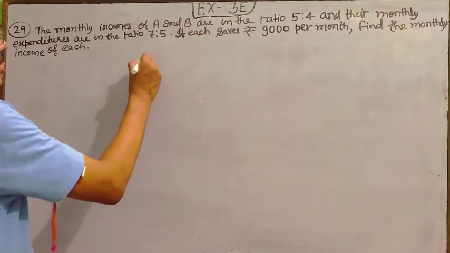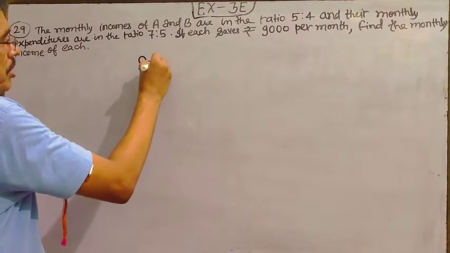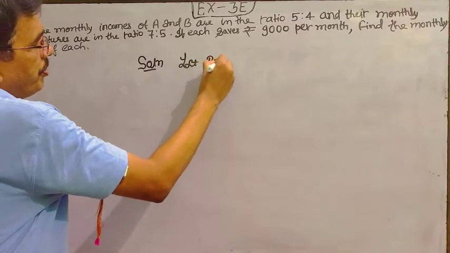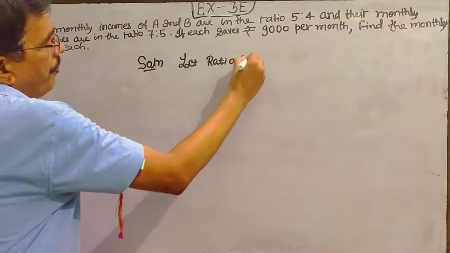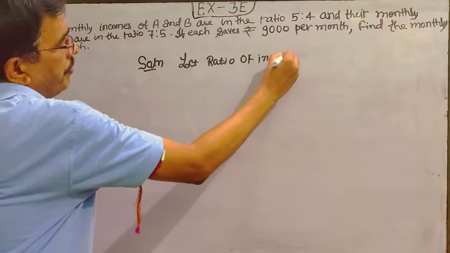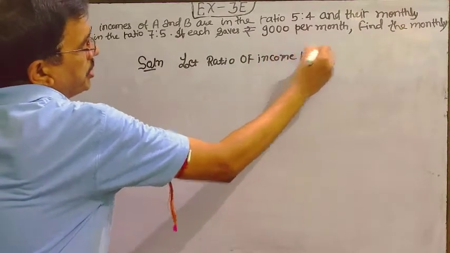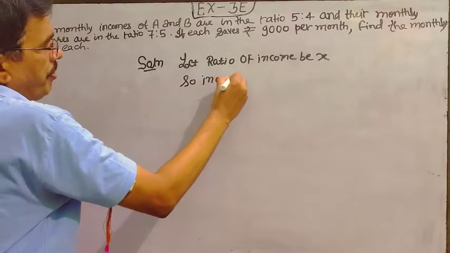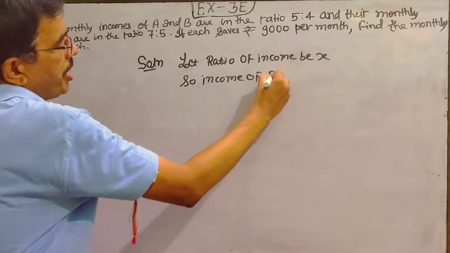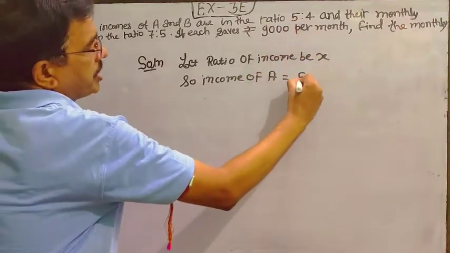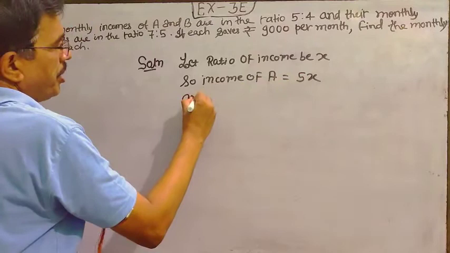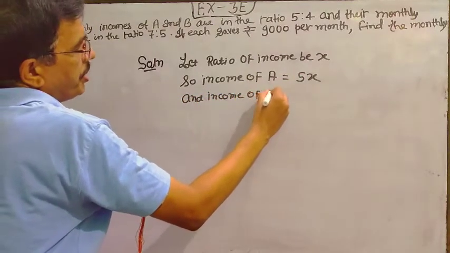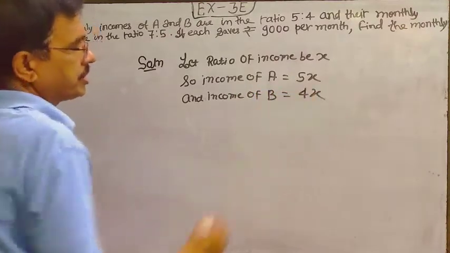So its right solution is, let the ratio of income be X. So income of A is equal to 5x and income of B is equal to 4x.